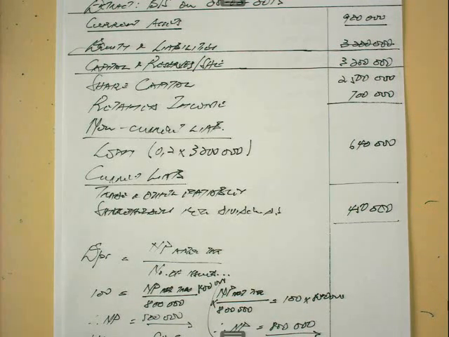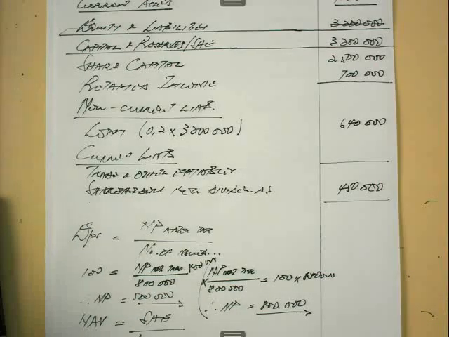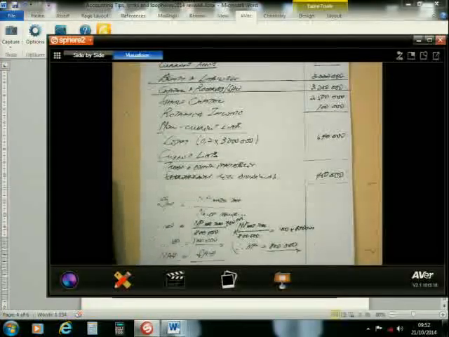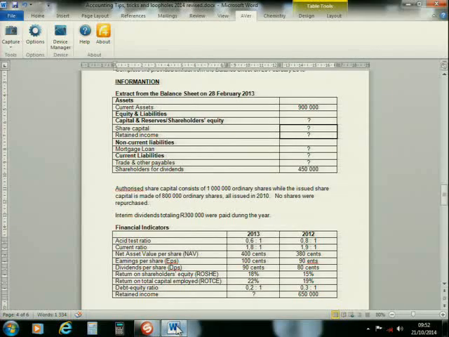We don't have a figure for trade and other payables. We also don't have a figure for current liabilities. Again, understanding your ratios properly, to determine your current liabilities, you need to pick the ratio or financial indicator that is relevant.